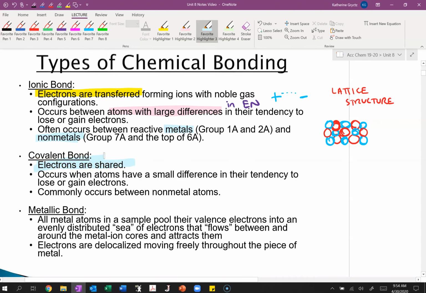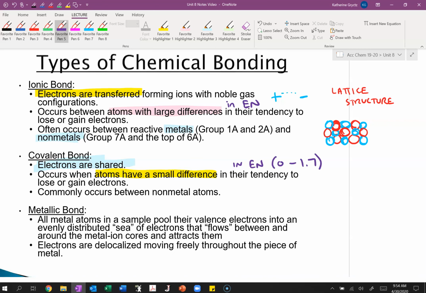Okay, covalent bonds are when electrons are shared. And so this happens when the atoms involved have small differences in their electronegativity. Last unit we learned that the difference is roughly between 0 to 1.7, with 0 to 0.3 being nonpolar covalent, and then 0.3 to 1.7 being polar covalent.